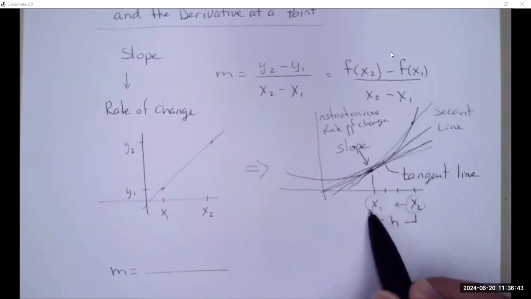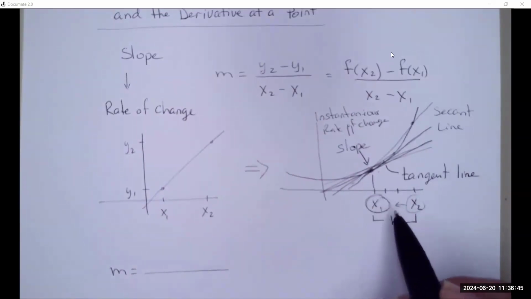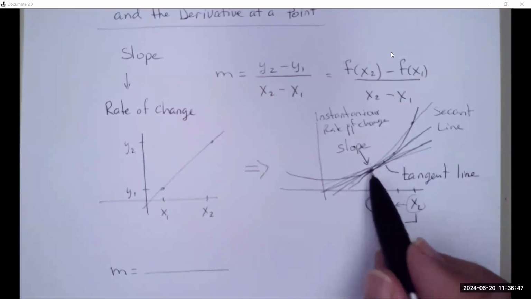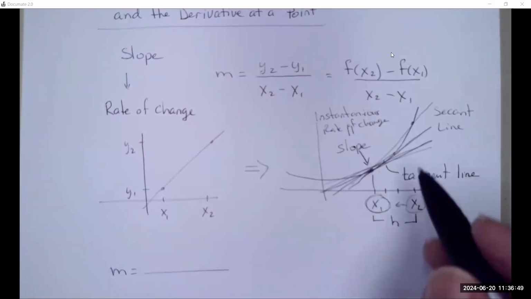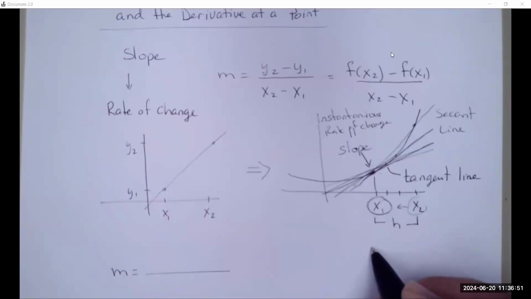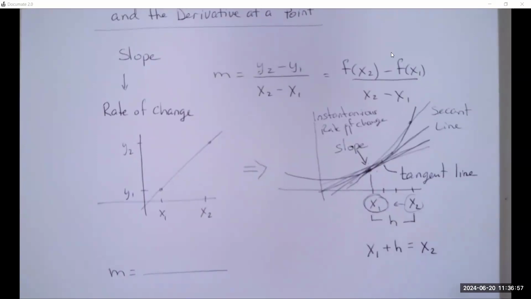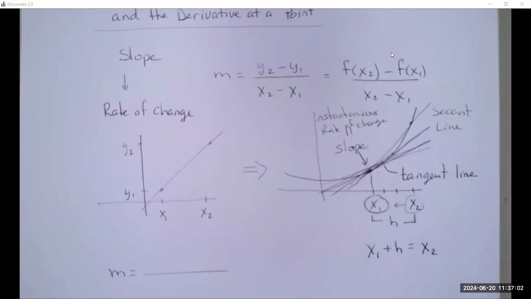Because remember, we only want the slope at a single location on that curve. So we know that x1 plus h equals x2. If I start at x1, add h to it, I go to x2. Which means that x1 is actually x2 minus h.